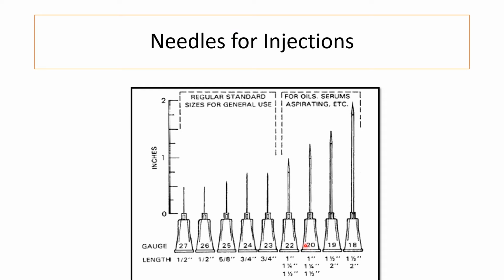Usually the liquids that are administered intramuscularly are a little thinner than the liquids administered subcutaneously or intradermally, and you need a structurally stronger needle to penetrate many layers and reach the muscle. Those thick needles, like 18, 19, are used mainly for intravenous catheters.